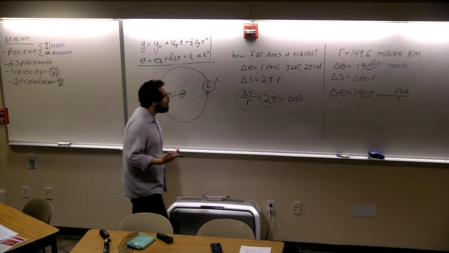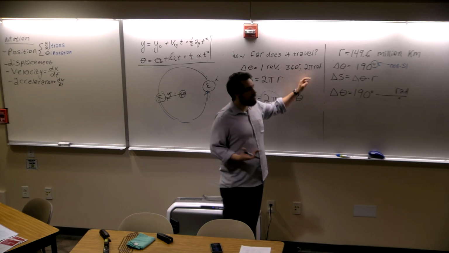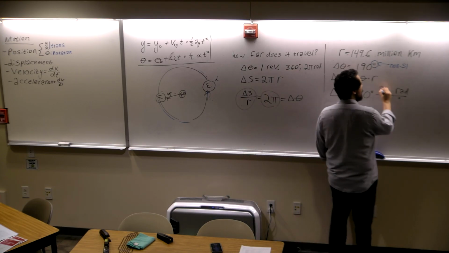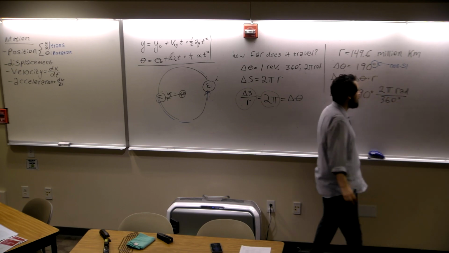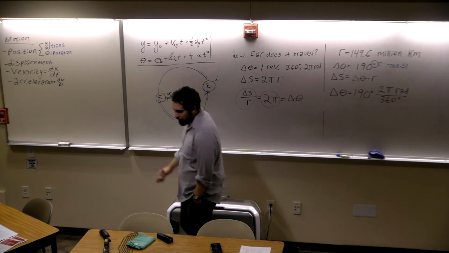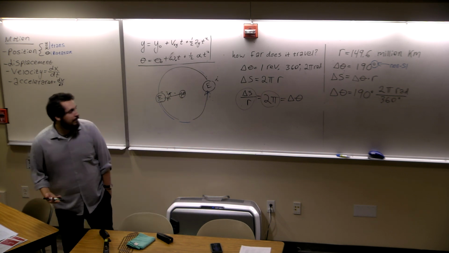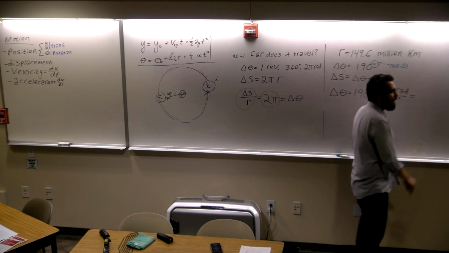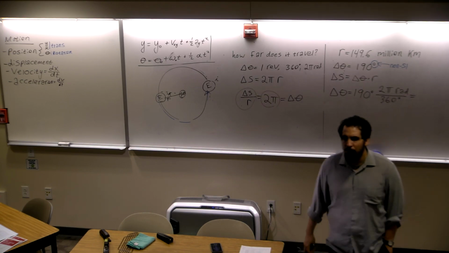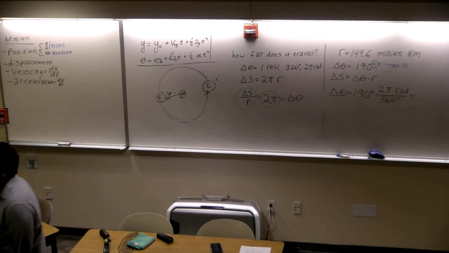We know 360 degrees is the same thing as 2 pi radians. So we can do 2 pi radians divided by 360 degrees. You take 190, multiply by 2 pi, and divide by 360. That will give us our angle in radians. The degrees cancels out, so we end up with something a little bit bigger than pi, with our unit in radians.